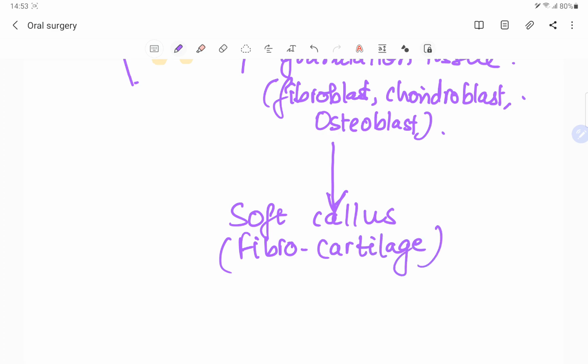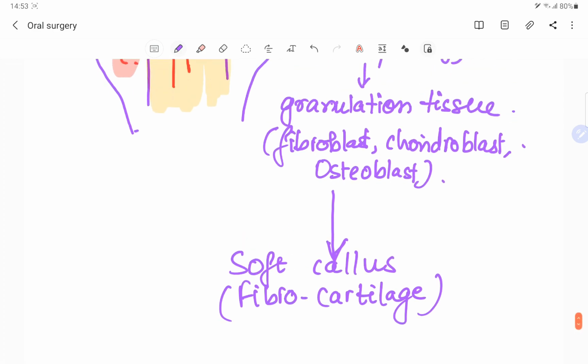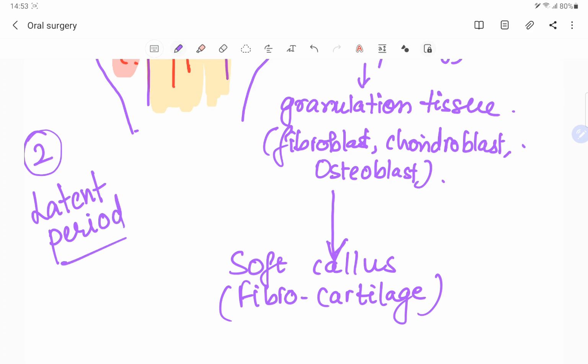Now we want this to happen so that the bone formation occurs. So in this phase, we don't distract the bone yet. We keep the bone in its position, and this phase is known as the latent period. We are not going to do any movement of the bone until there is a soft callus formation.